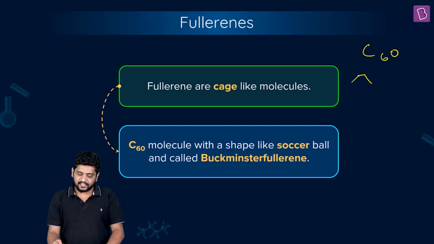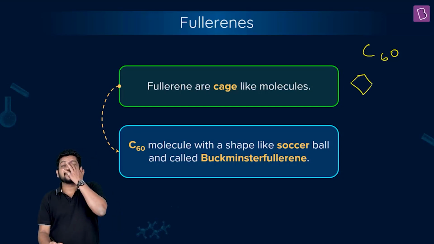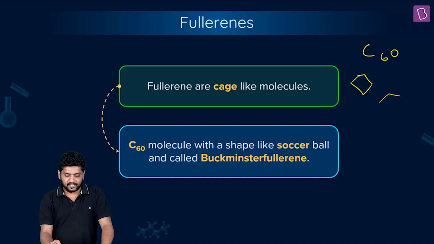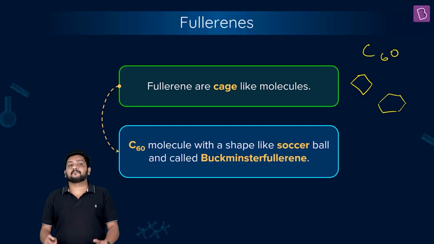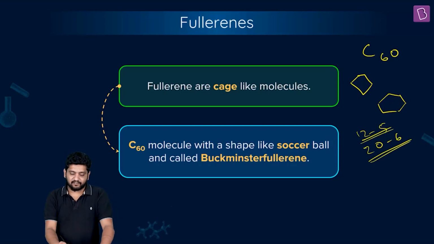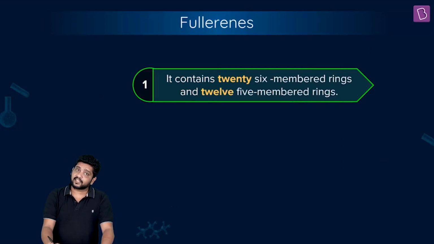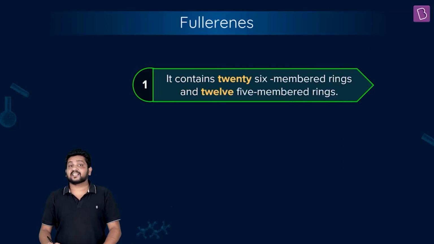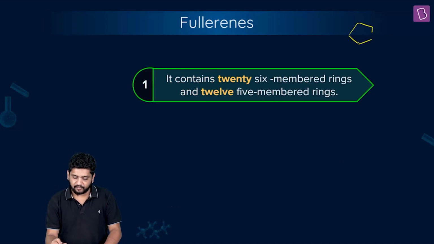One thing you have to remember is that these 5-membered rings are not supposed to touch each other, right? 5-member rings are only going to touch 6-member rings. 6-member rings can attach to themselves, and they can attach to 5-member rings as well. So as far as your C60 is concerned, you can remember that it has in all 12 5-member rings and 20 6-member rings, exactly the other way around.